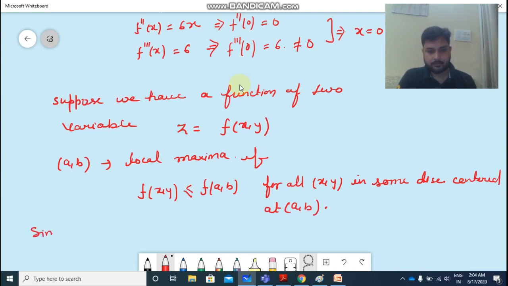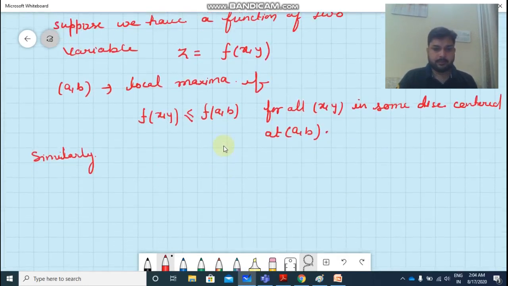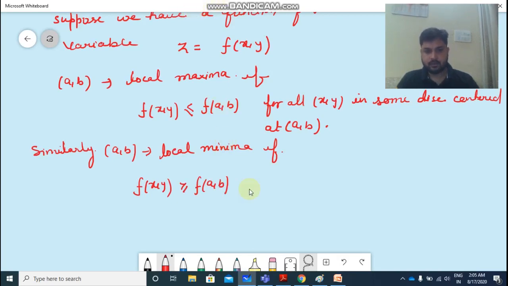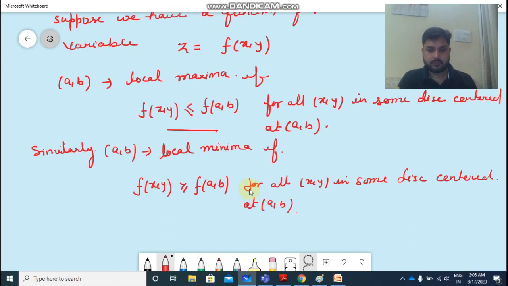Similarly, the point (a,b) is called the local minima if f(x,y) is greater than or equal to f(a,b) for all (x,y) in some disk centered at point (a,b).